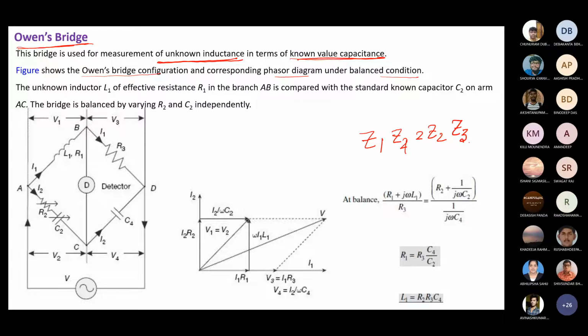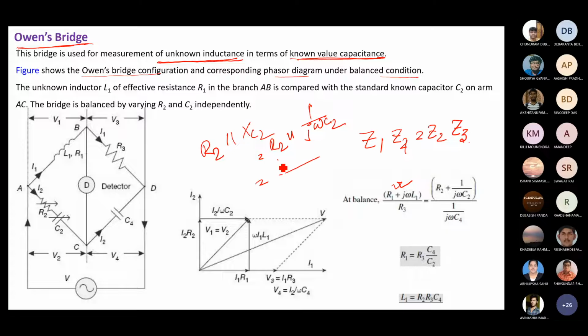So directly you will be able to get the value of Z1. Z1 by Z3, where Z3 is R3, equals Z2 by Z4. Z2 means R2 parallel X C2, that is R2 parallel 1 by j omega C2.